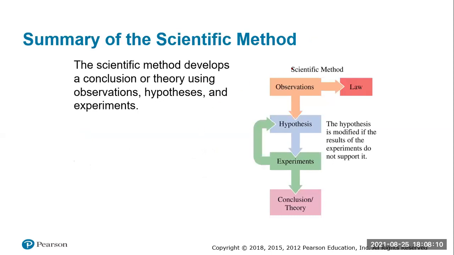And here's a flow chart of it. And again, the difference between a law and a theory or a conclusion is that a theory, for the most part, may be proven down the road not to be necessarily correct in all aspects. It could be revised and so forth.